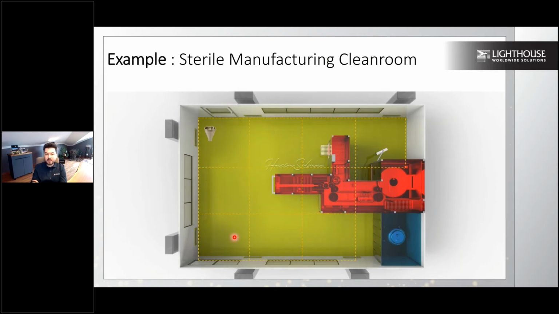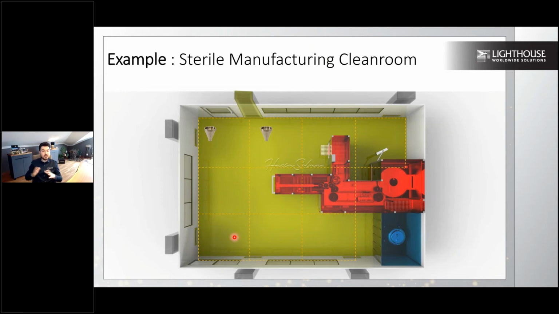Location number 1, I picked this point because all the materials and also operators are moving into the room through this door. And behind the door is always the highest risk location. And location number 2, I picked this close to the corner because I have a return air duct. The return air duct is giving me the highest possible counts.